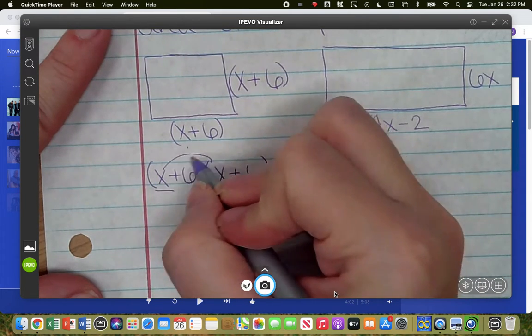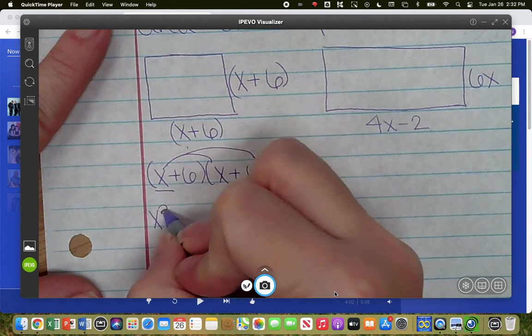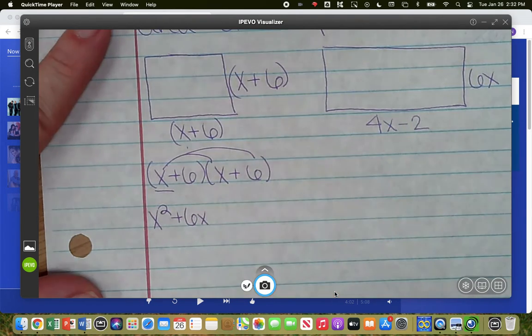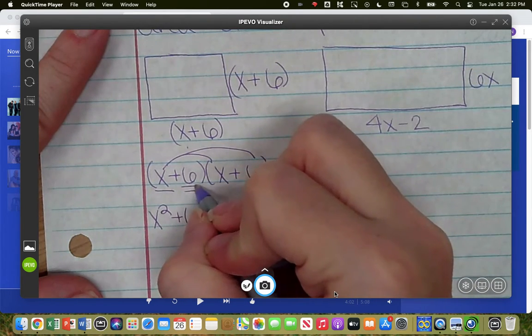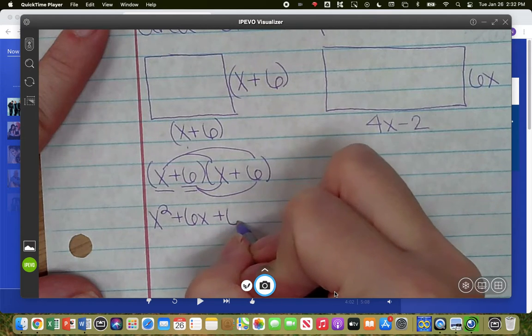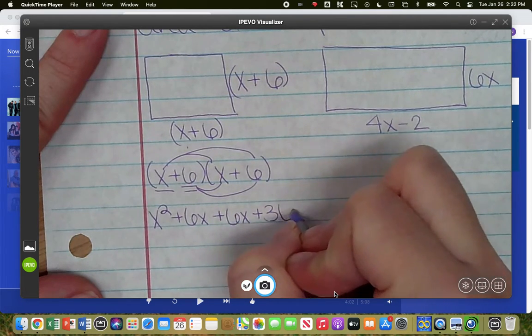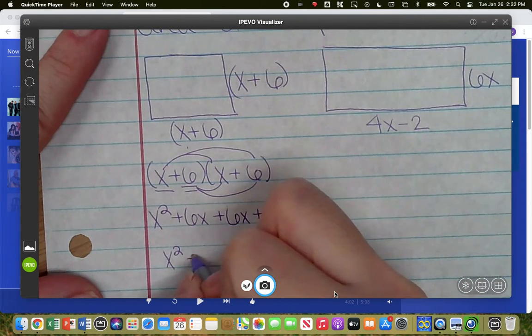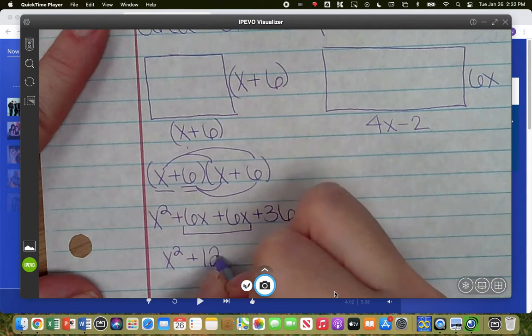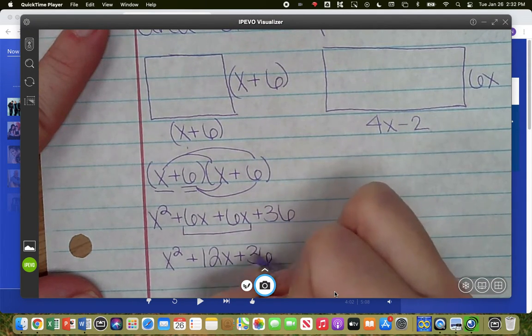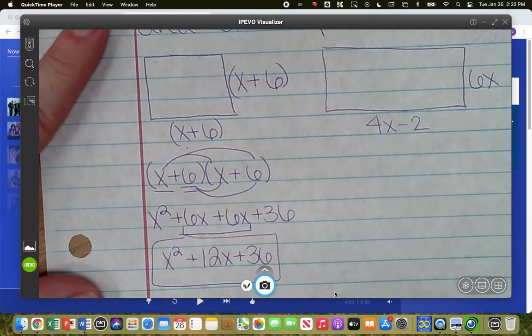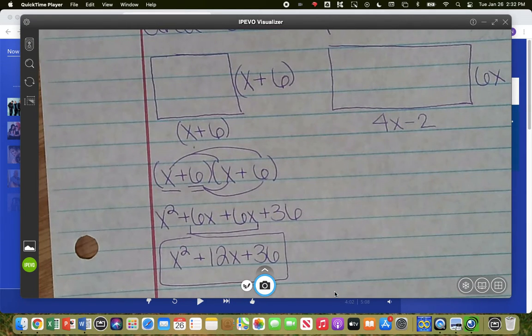So we're going to distribute twice. We get x squared plus 6x when we distribute the x. Then we're going to distribute the 6, so we get another 6x and a plus 36. And then we combine our like terms. 6 plus 6 gives me 12x plus 36. And that's how you find area.